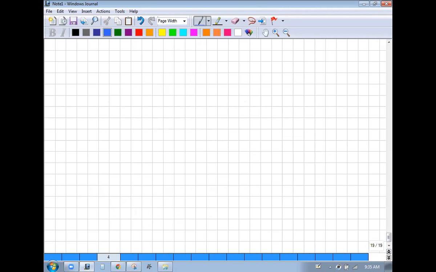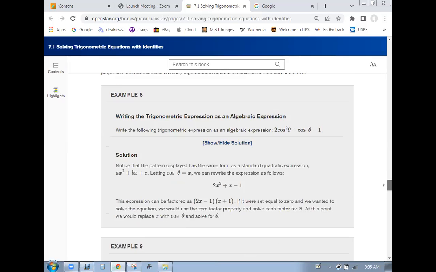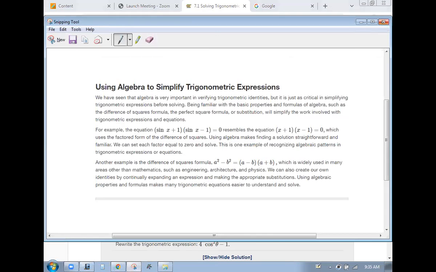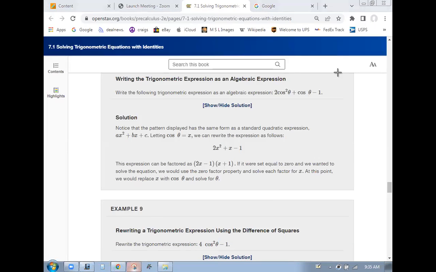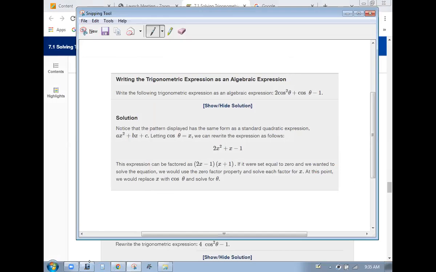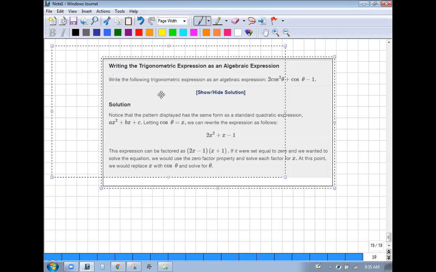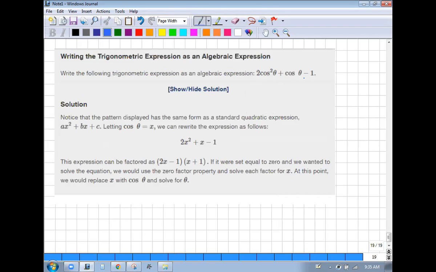That's all they're saying, and they're doing that because they're hoping that it'll jog your memory and allow you to see your algebra better. So if you see something like that, you want to think 2x squared plus x minus 1, where x is cosine theta, right? Because y'all are used to manipulating expressions like that. Well, this is exactly the same thing.